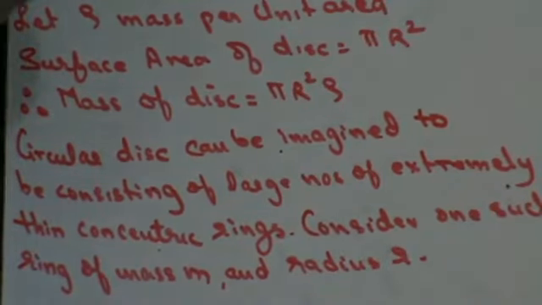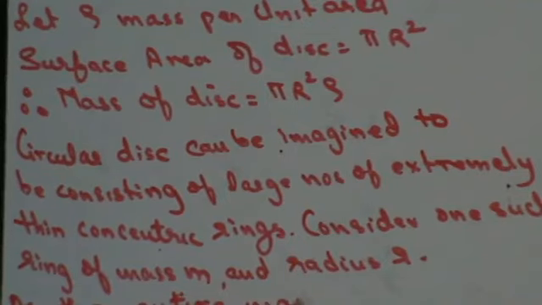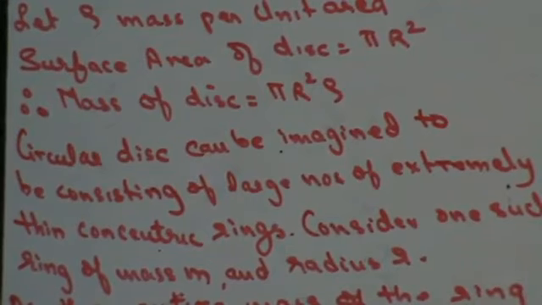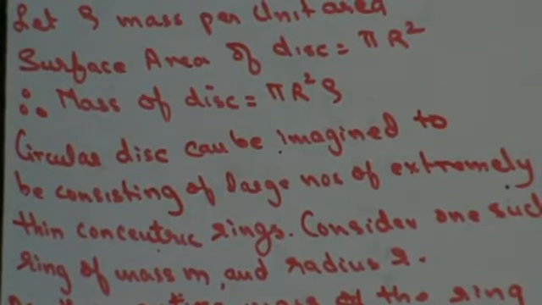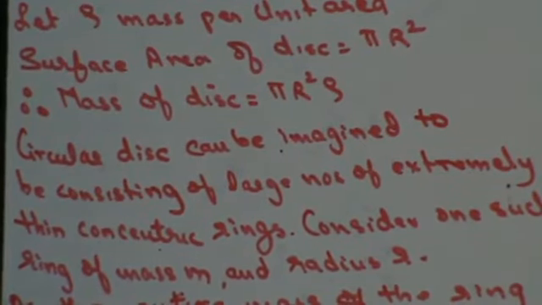So in which case I can say, as the entire mass of the ring is at the same distance from the axis of rotation, the moment of inertia of the ring can be given by the formula: moment of inertia I will be nothing but mass into radius square.